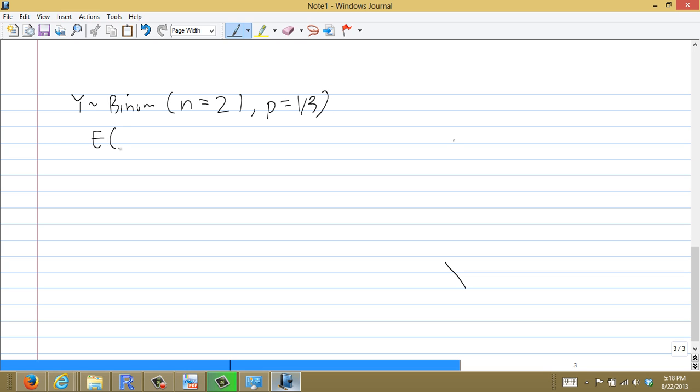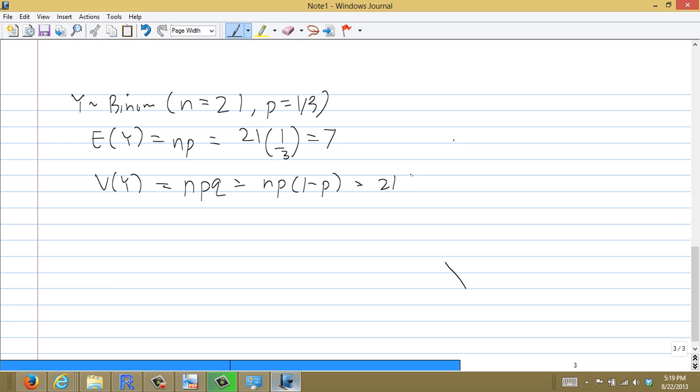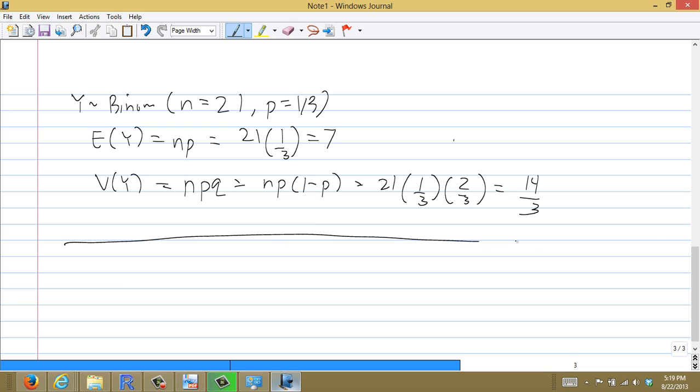So the mean, in that case, the expected value of y, using our table of common statistical distributions, is just np, which in this case is 21 times 1/3, which is equal to 7. Similarly, the variance is going to be npq, which is the same thing as np times 1 minus p, which is 21 times 1/3 times 2/3, which is going to equal 14/3. So that is the mean and the variance of our first random variable under consideration.